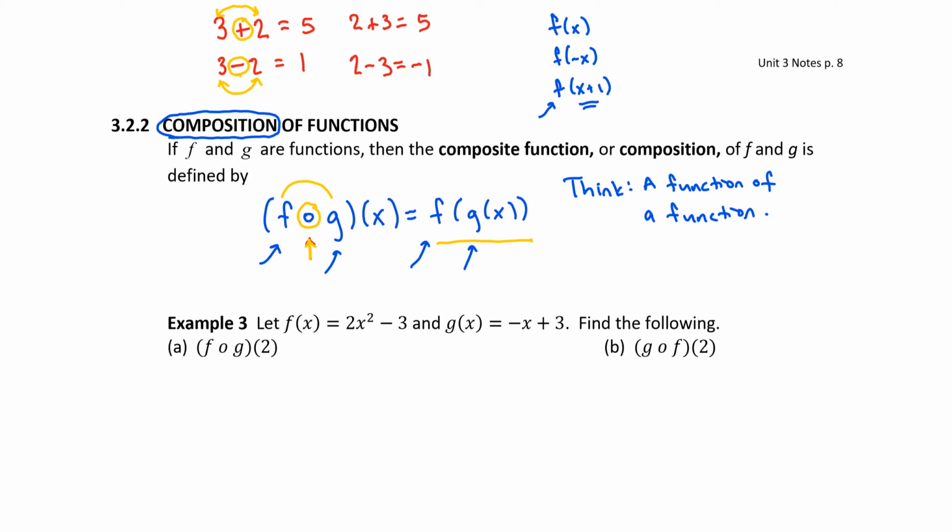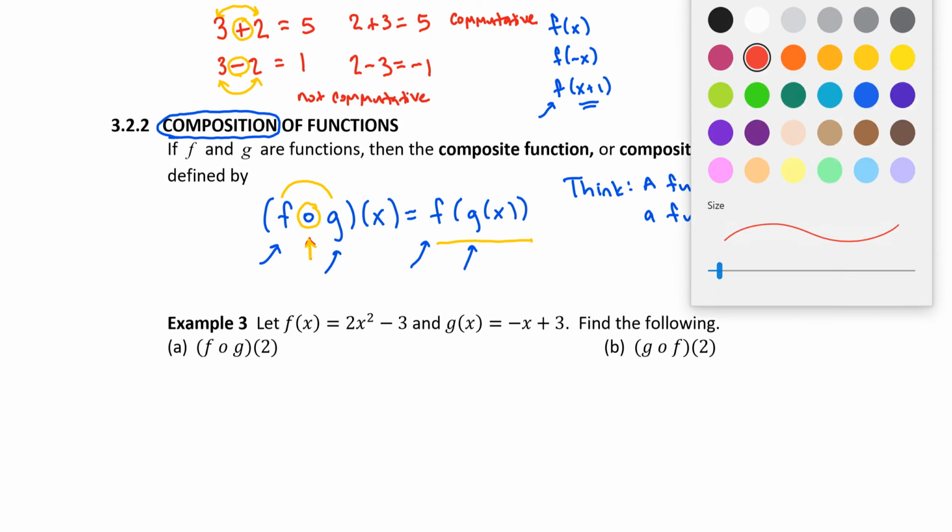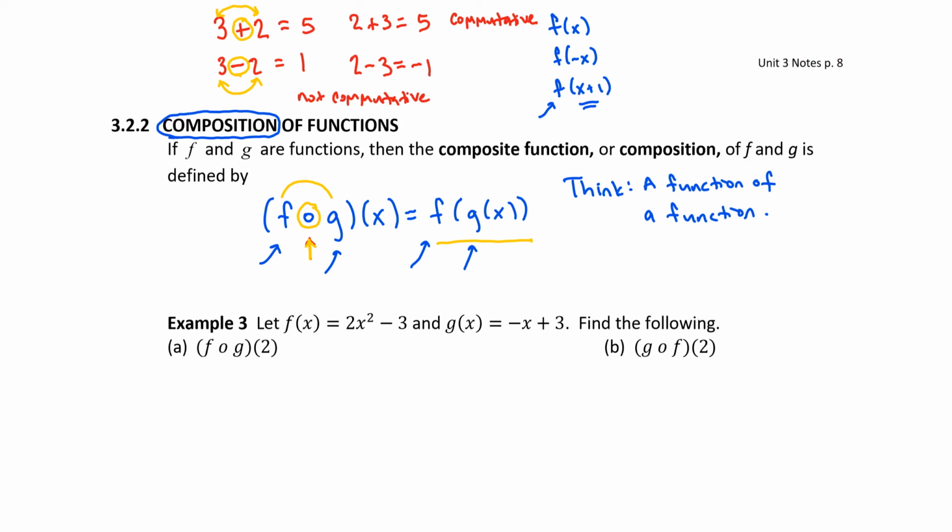Subtraction is not commutative, whereas addition is commutative. That means if you have a commutative operation, you can apply it in either order and get the same output. Like subtraction, composition is not commutative. If I reverse the order of f and g, I'm going to get something different, so I need to be careful about the order.